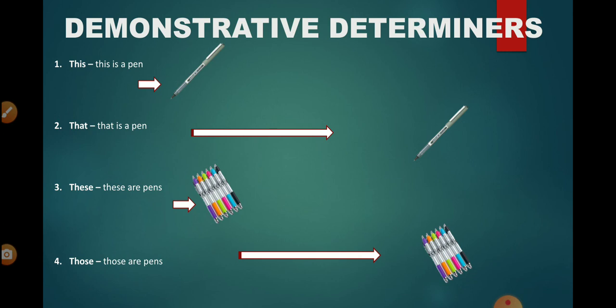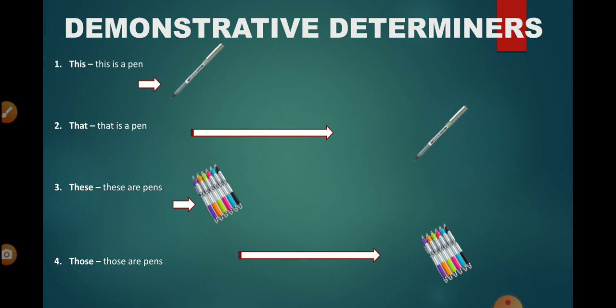These is used with plural things which are close to the speaker, and those is used with the things which are far from the speaker.